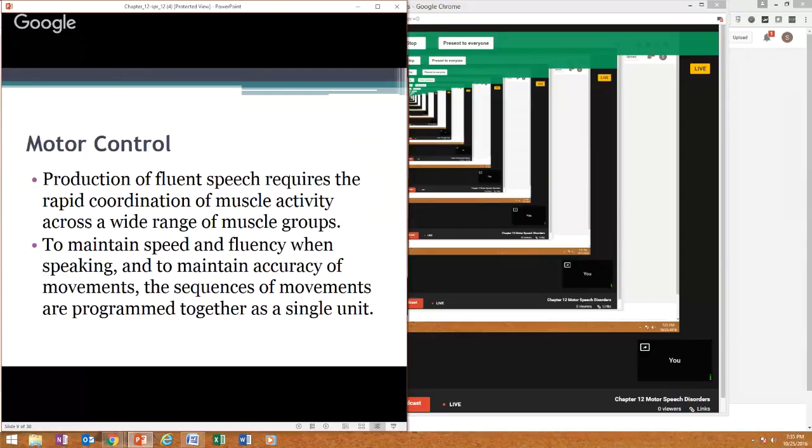Considering the vast numbers of muscles and muscle groups involved in fluent articulation, you'll realize that there are a large number of degrees of freedom, or the number of elements such as muscles that can be independently controlled. The magnitude of the challenge facing speakers becomes apparent.